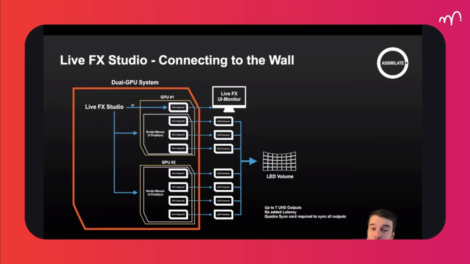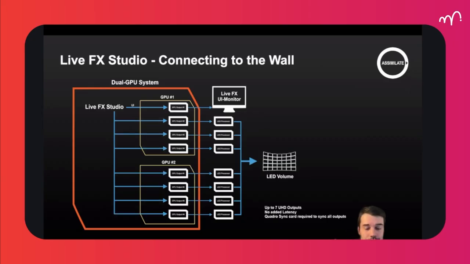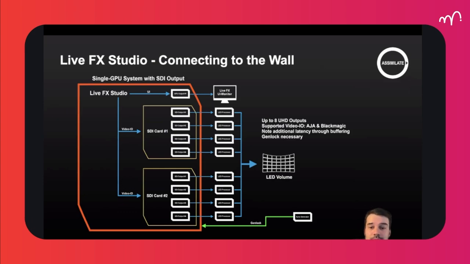Of course, you can upgrade to two GPUs and feed more LED processors. And instead of going out through the GPU, you could also go out through SDI cards. We do support AJA and Blackmagic, and we do not limit you in the sense of how many SDI cards or how many SDI outputs you can use. Same with the GPU outputs.